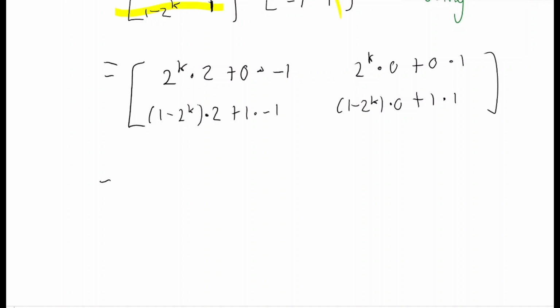That top left entry is just 2 to the k times 2. And we're going pretty slow here, just so we're really clear. This is 0. This is 2 times (1 take 2 to the k), take 1. And then this bit here is 0 plus 1.